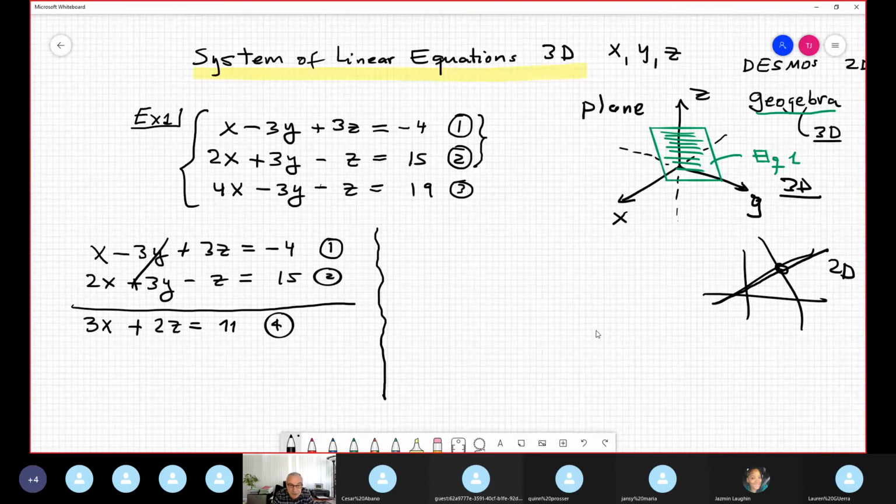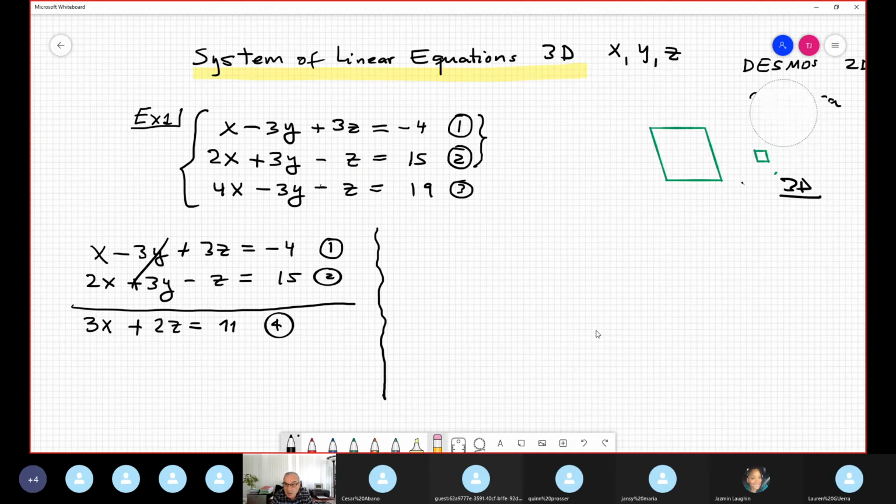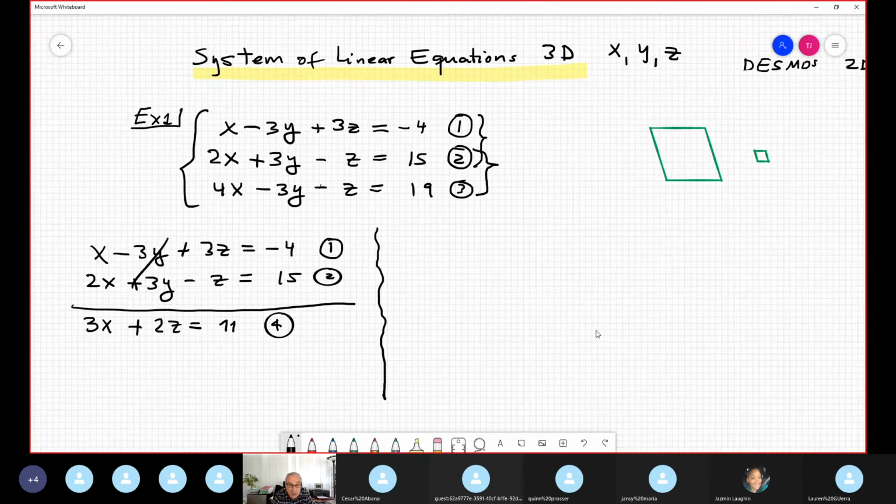Now, this is the most important moment. This is a crucial moment. We pair another equation, maybe 2 and 3 or 1 and 3. But the most important thing is, if in the first couple you eliminate the y, in the second you must mandatorily eliminate the same y.